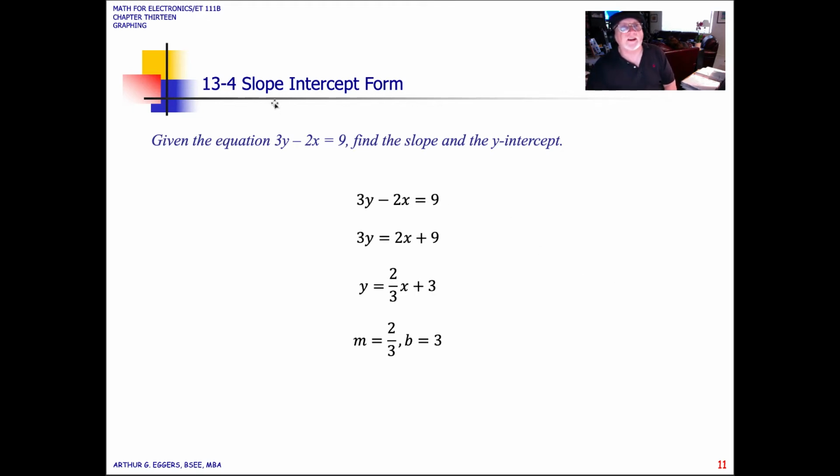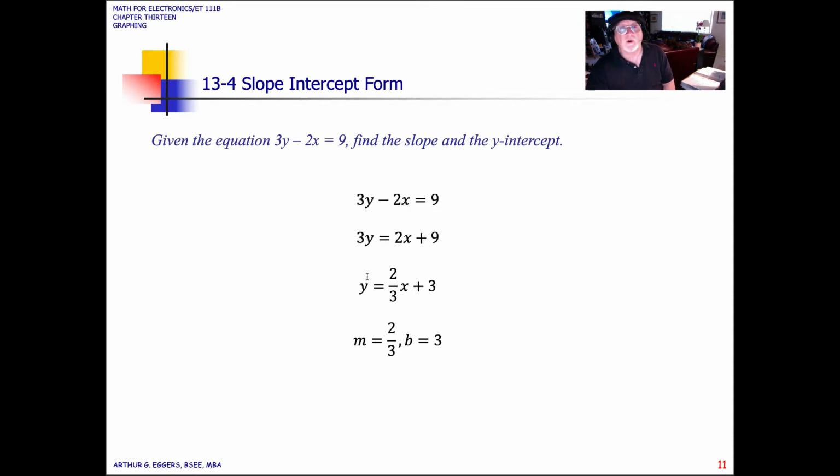Look at an expression given the equation 3y minus 2x equals 9. Find the slope and the y-intercept. So we're solving for m and b. The first thing we need to do is start moving some terms around so that we have it in the form y equals mx plus b. So we set it up as y equals something times x plus a value that becomes b.